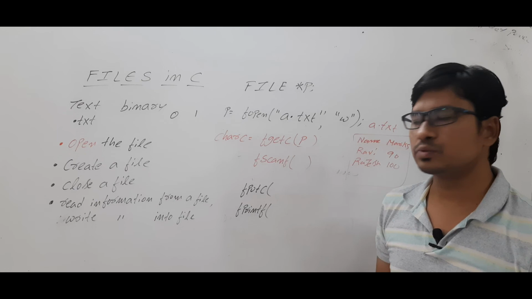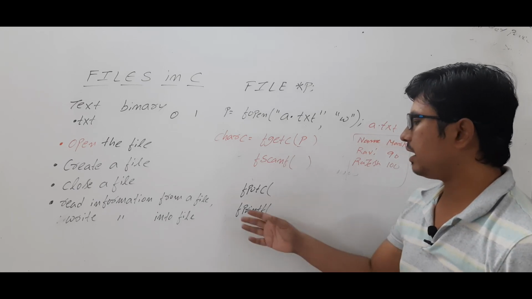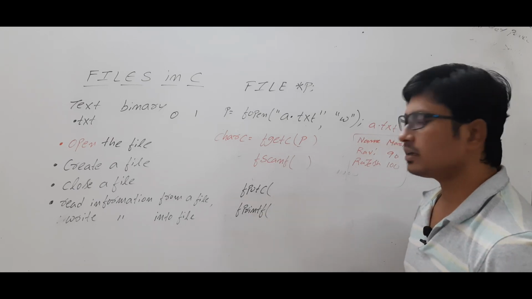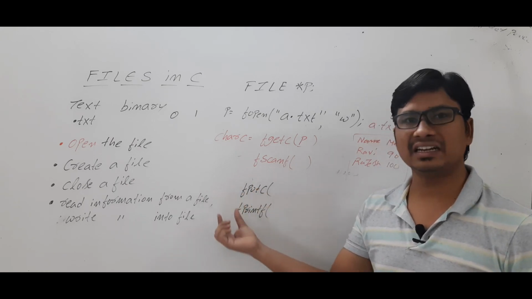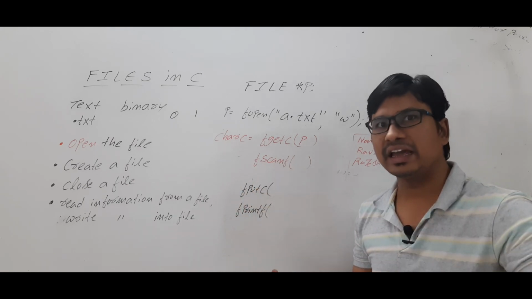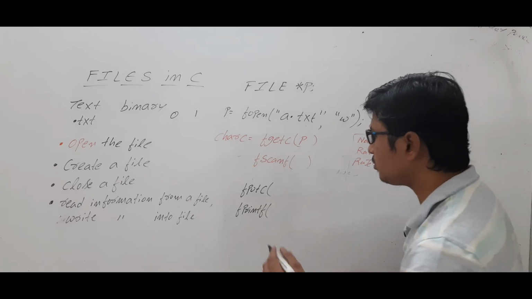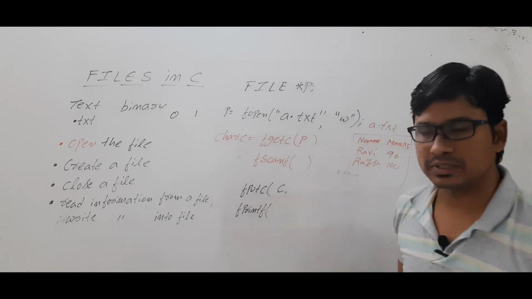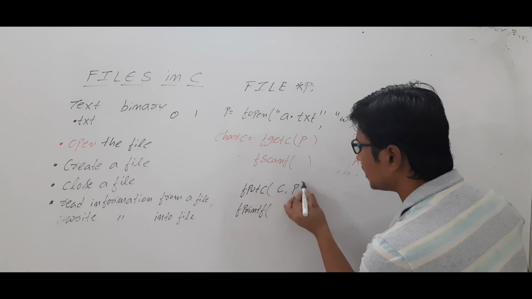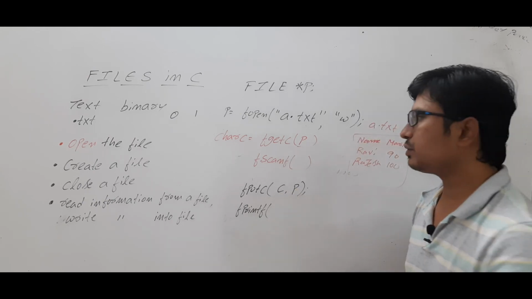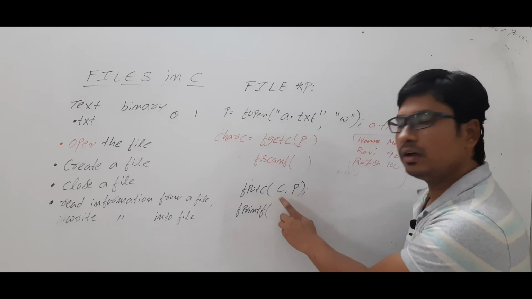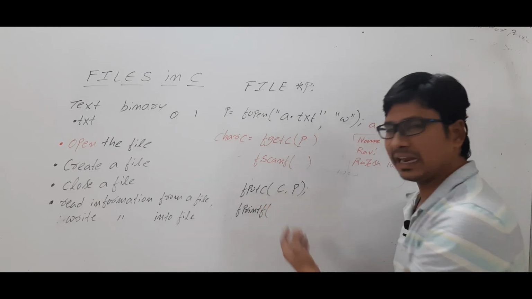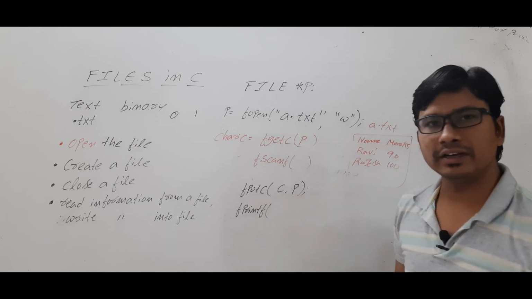Now let me discuss what fputc and fprintf are. The use of fputc is to put, or write, a character into the file. So you have to specify what character and what the file pointer is. Whatever the character is, I want to put it here. So I will write the variable name, or you can give the character directly, and the file pointer.